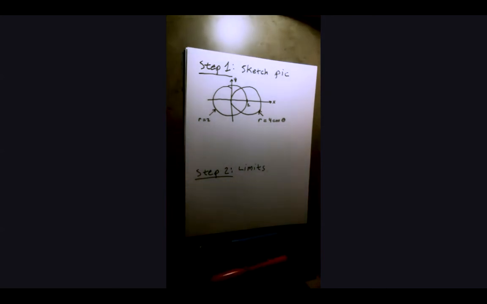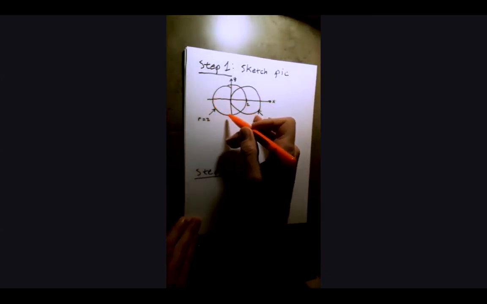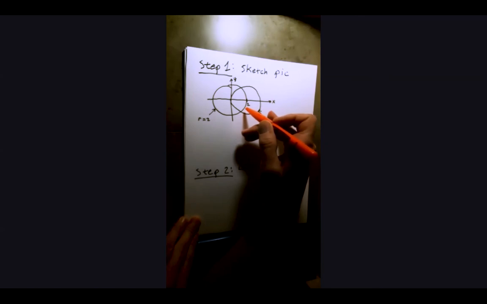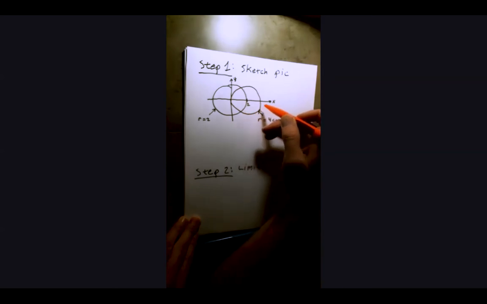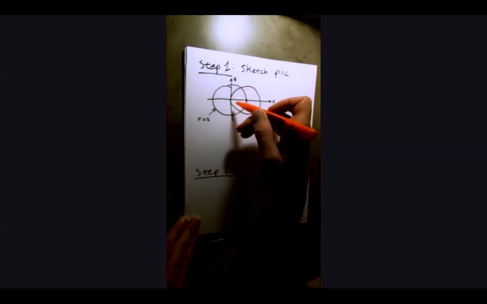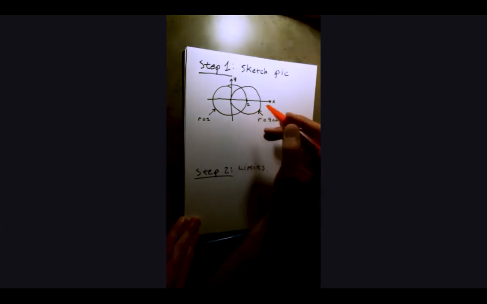Okay, so here's the picture, and the question asked us to find the region outside the circle r equals 2. So here's r equals 2. And inside r equals 4 cosine theta, which if you work through it is also a circle, just centered at x equals 2, y equals 0. So we want outside the left circle, inside the right one.